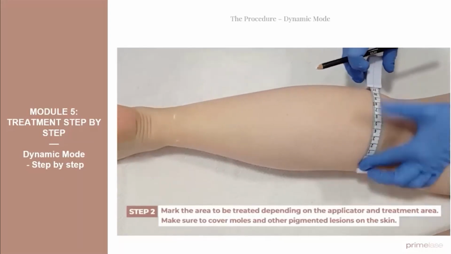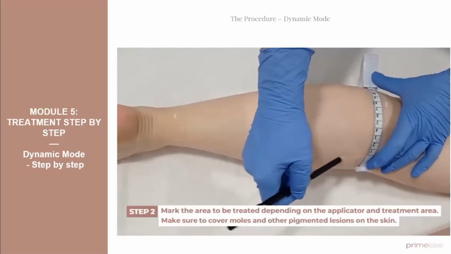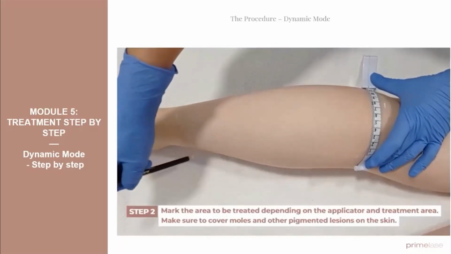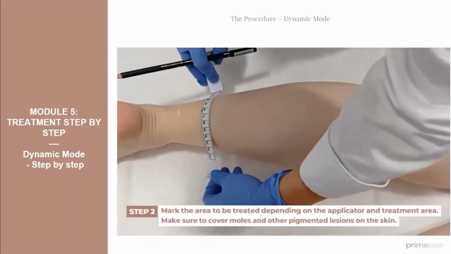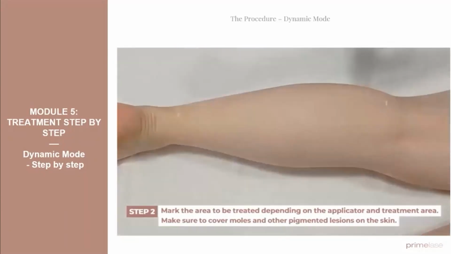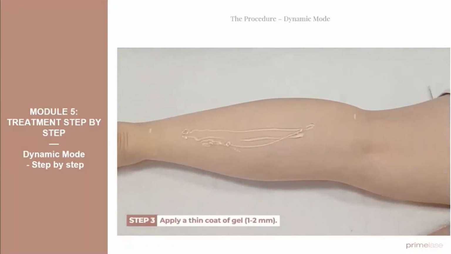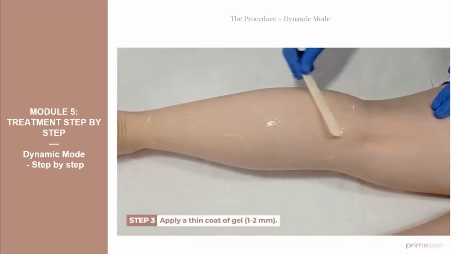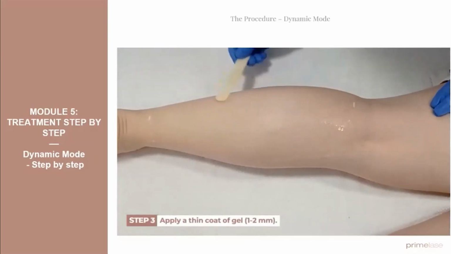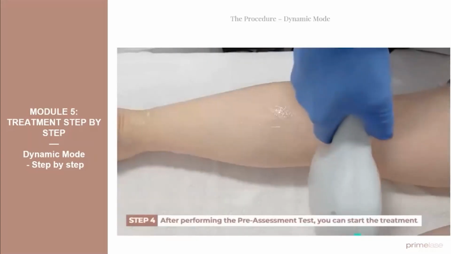Again, we want to mention that there are different grid options. So depending on how large the area to be treated is, you can select one or the other. Again, ultrasound gel always needs to be applied, approximately 1-2 millimeters. We create this uniform layer, and this video is really to demonstrate how they look different.